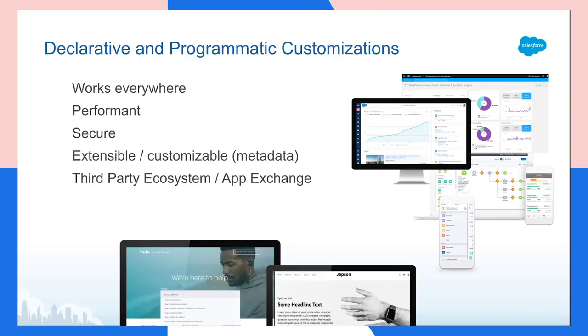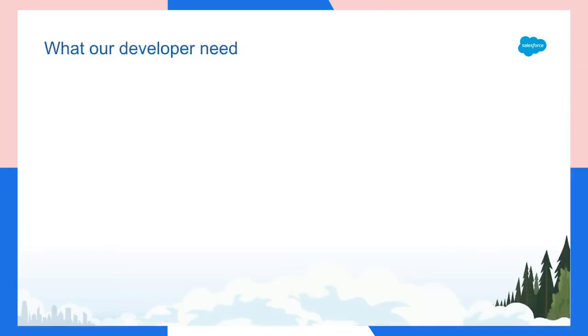So we asked our developers what they want to see in a new platform. And no surprise, most of the things that they wanted are around developer productivity. They want to be more effective at doing what they need to do. They want to use more standards. They don't want to learn the Salesforce way of doing something. They don't want to learn the Salesforce API. They already have knowledge that they want to reuse.